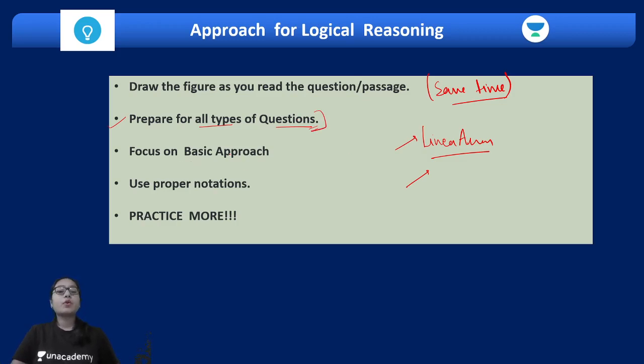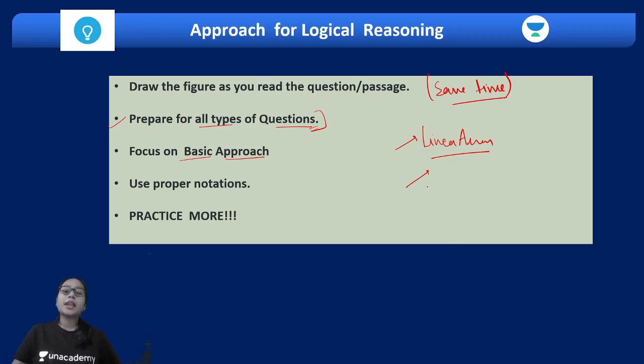Now focus on the basic approach. Why? Because before starting any topic of logical reasoning, an approach to solve the question is explained. For example, if I have a roots and network question, then you know what the different notations are to denote a two-way root and a one-way root.